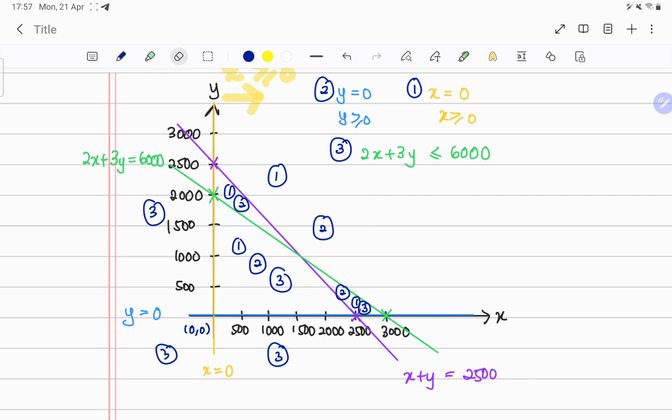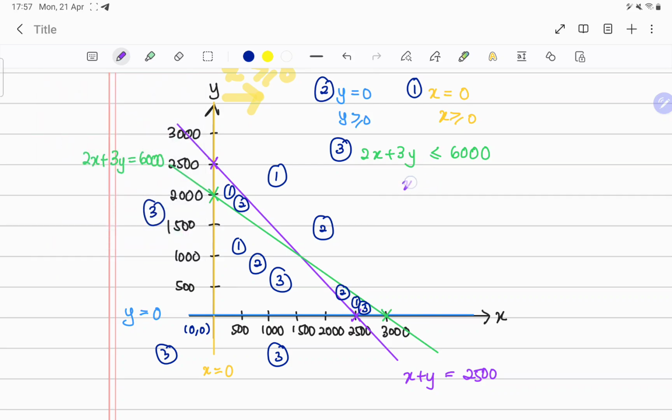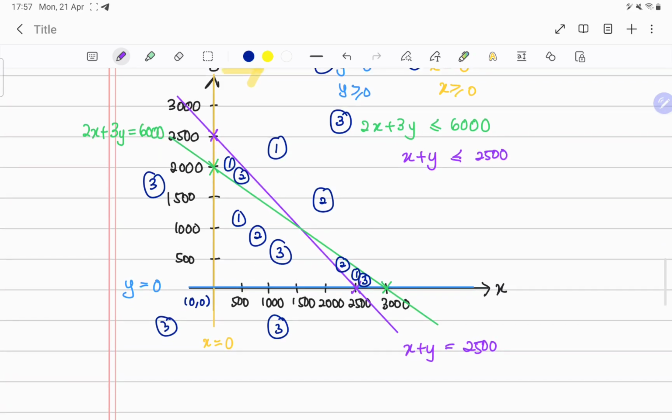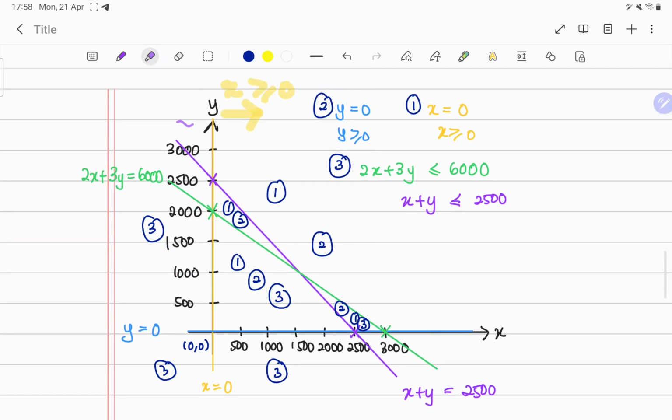Now the purple equation. We have x plus y less than or equal to 2,500, right? In order for us to know which area is shaded, it can be this area or this area. But how to know?